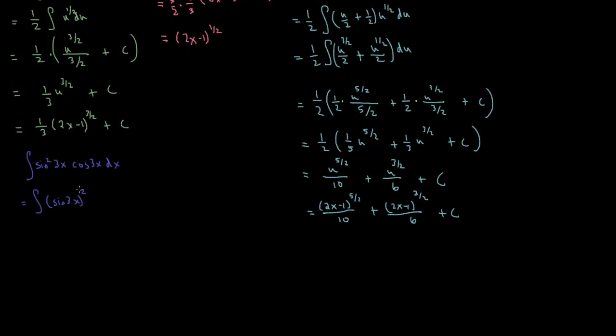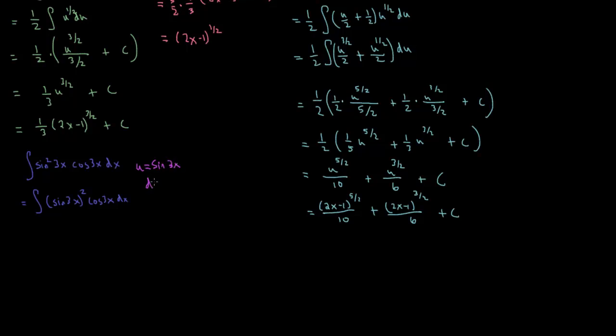So times cosine 3x dx. Now what we notice here is that we clearly have an inside function. It would have been kind of hard to tell earlier what the inside function is, but clearly u equals sine 3x.